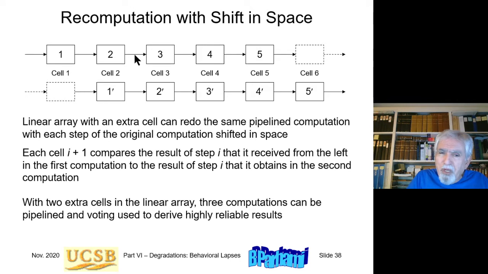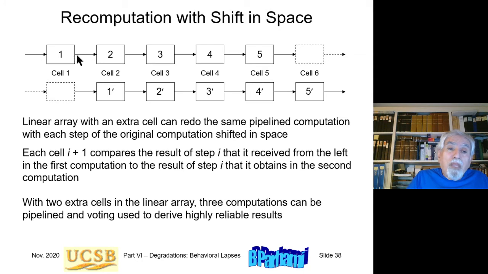These may be processors or special purpose cells, so let's call them processors. Processor one does part of the task, then processor two does the second part, and so on. This blank processor at the end is spare and is normally not used when the other five are working okay.